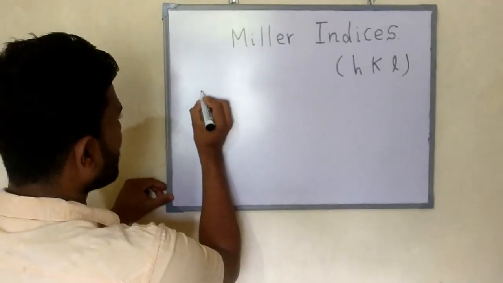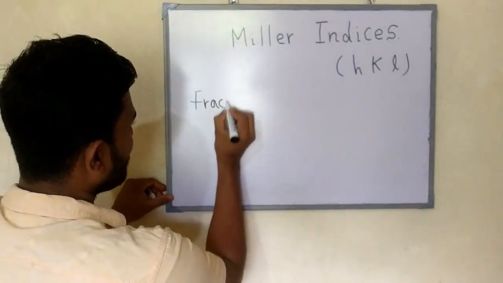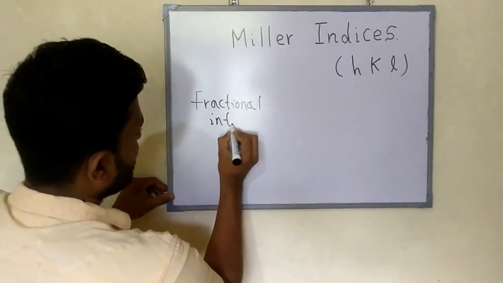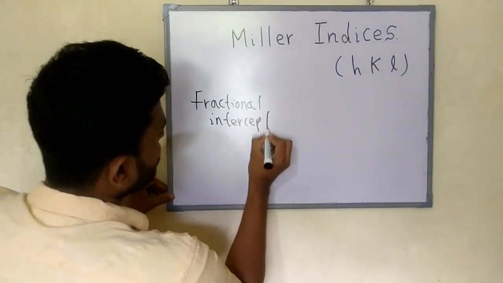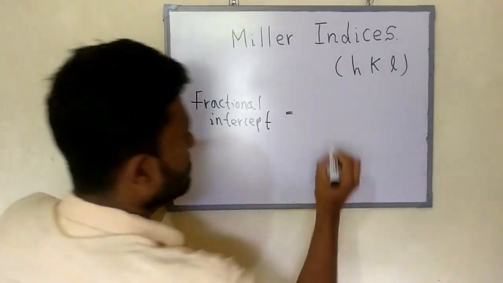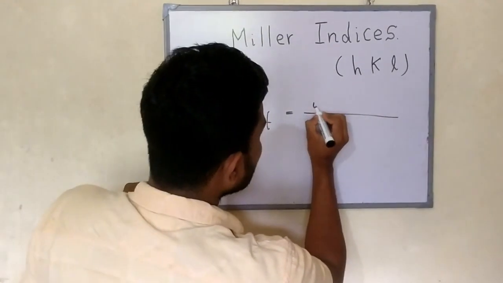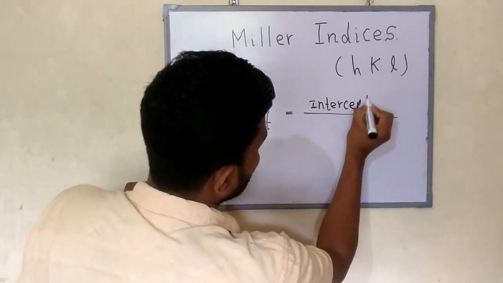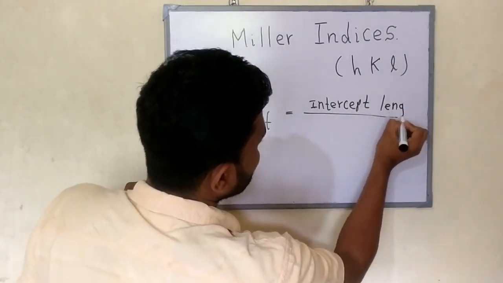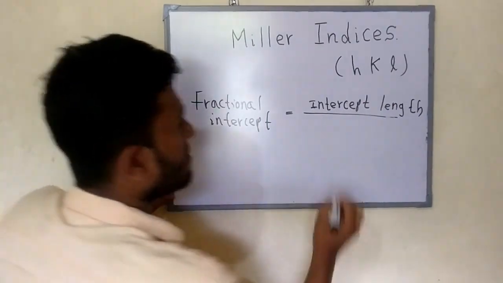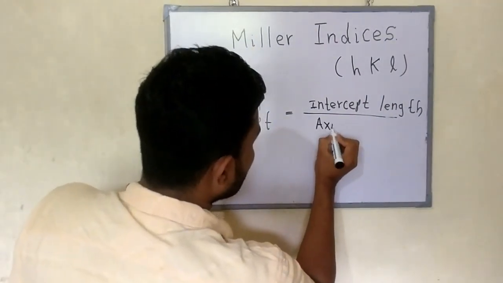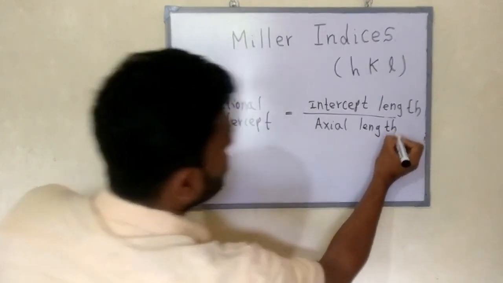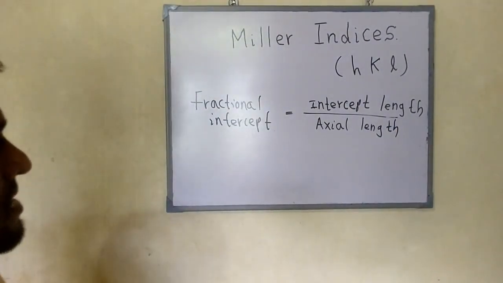So what is the fractional intercept? Fractional intercept means intercept length over axial length.